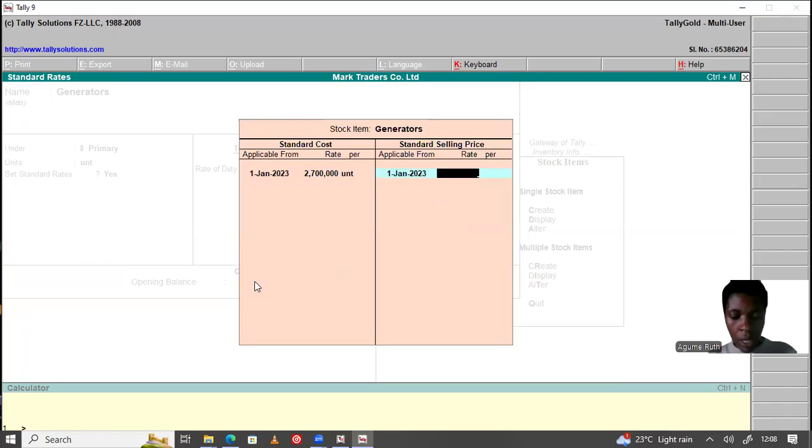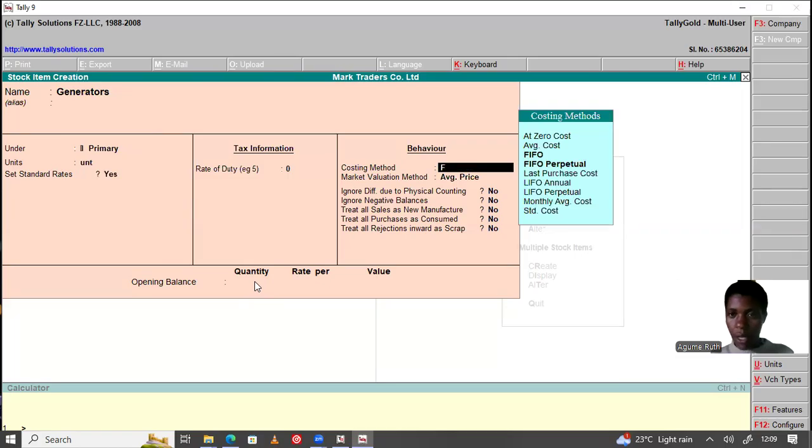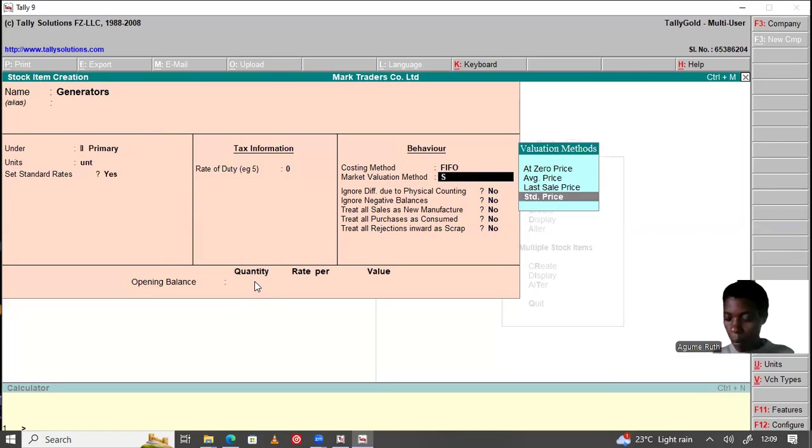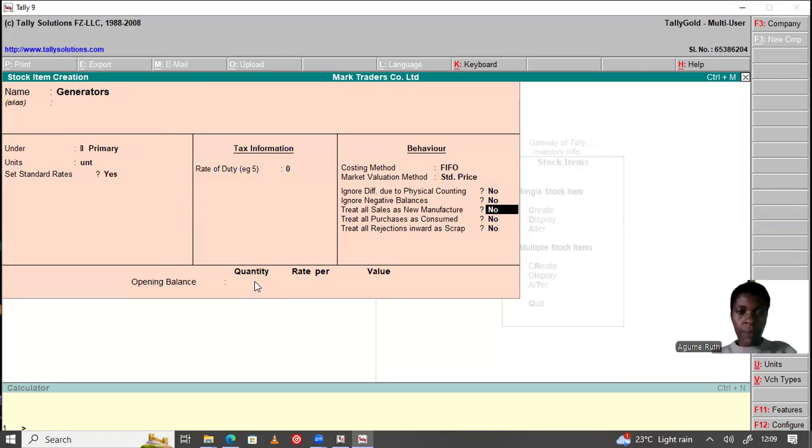Then the selling price is 3.5 million. So I can still use FIFO standard price. Then the opening quantity is 6, and at the cost price of 2.7.